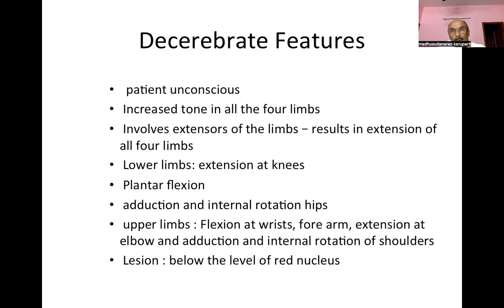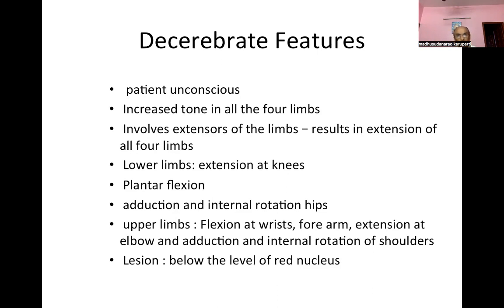Coming to the decerebrate posture and its features, the patients will be unconscious. In decerebrate posture, as you have seen in the picture, all the limbs are extended. Lower limbs are extended at the knee, adducted at the hip and internally rotated. There is a dorsiflexion of the foot with pointing of the toes downwards.